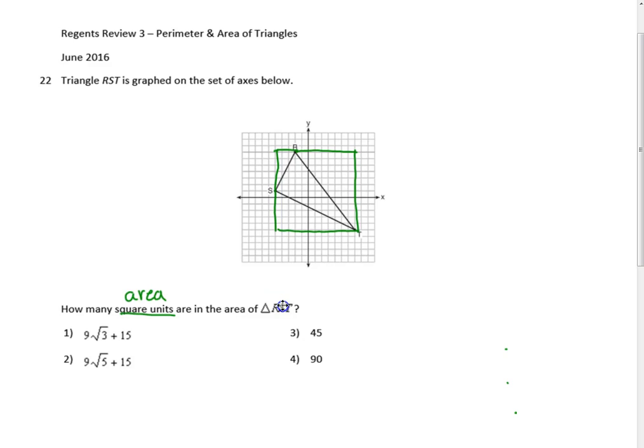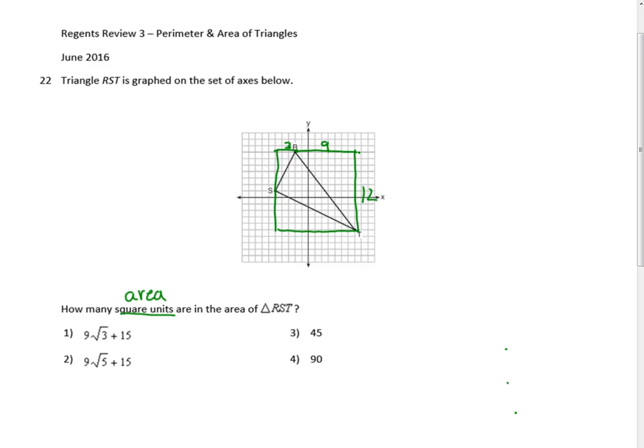So I'm just going to count up here in this triangle: 1, 2, 3, that's the length here. And then 1, 2, 3, 4, 5, 6, 7, 8, 9. So we got 3 and 9. This side over here on the right is 1, 2, 3, 4, 5, 6, 7, 8, 9, 10, 11, 12.